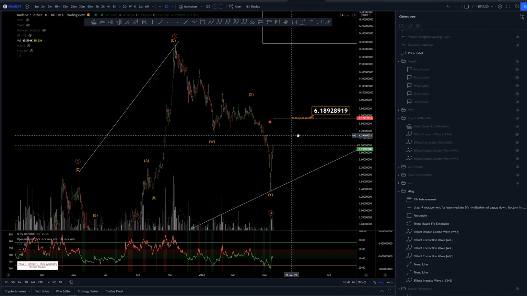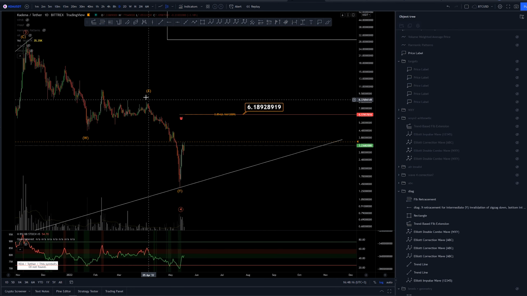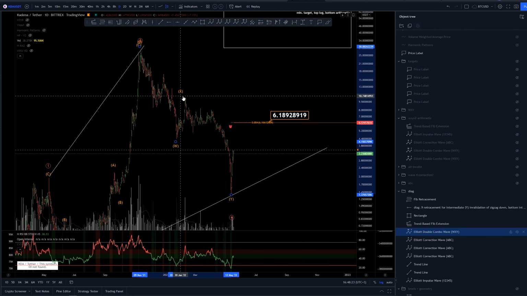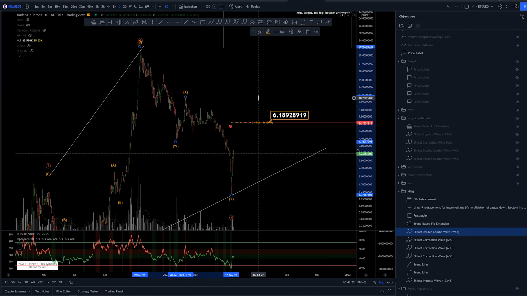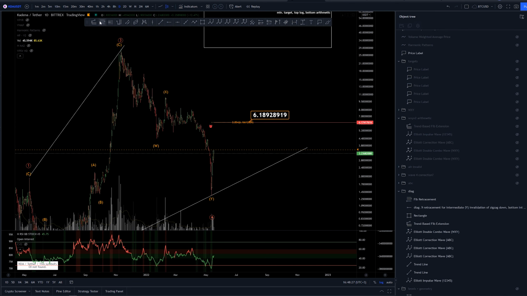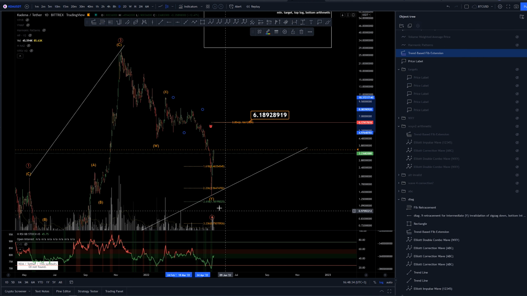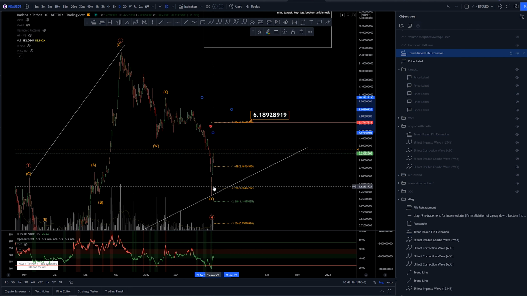This is just because on this last part here we are looking for a three-wave structure, right? Now if we place the X here, then there's no issues. Again, this would be a really extreme wave Y. Not too extreme, it doesn't even get to the 2.618. So it should be pretty valid.